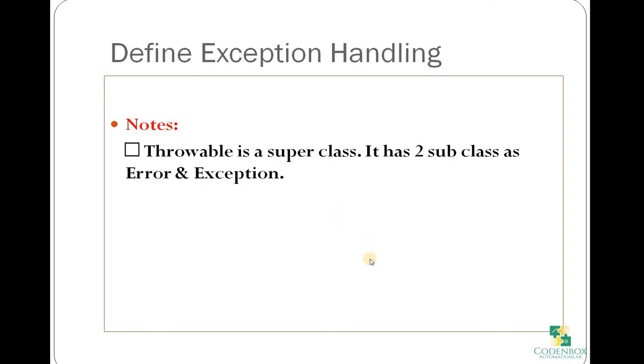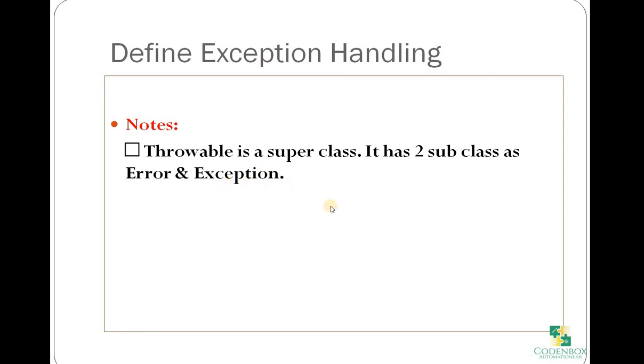Okay, so let's get back to the recap or some notes. As far as we have seen, Throwable is a superclass, and it has two subclasses, error and exception. All the programmatic problems are called exceptions, and we've seen all different kinds of exceptions.